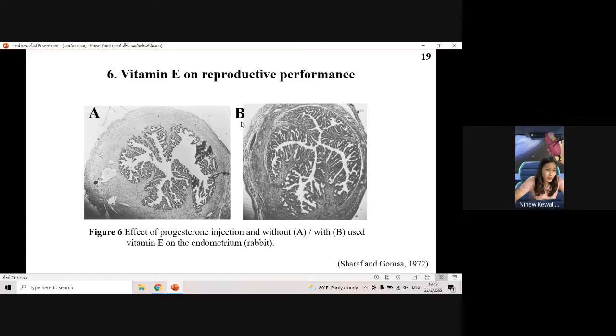For figure B, they use progesterone with vitamin E. We can see here that vitamin E can enhance the structure of the endometrium compared with no vitamin E supplementation. It means figure B has enhanced maturation of the uterine cells.